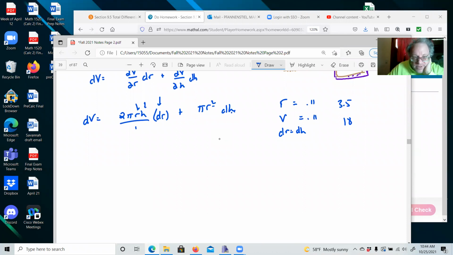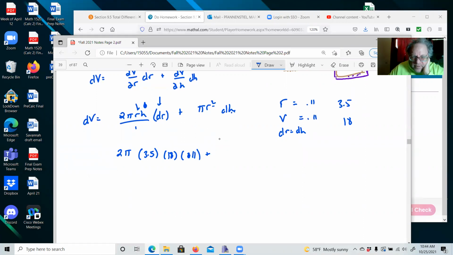Okay, let's see what happens. So we have 2 pi, and this is going to be 3.5. 2 pi r h, there's no squared here, it's just h, times 18, and then dr was 0.11.